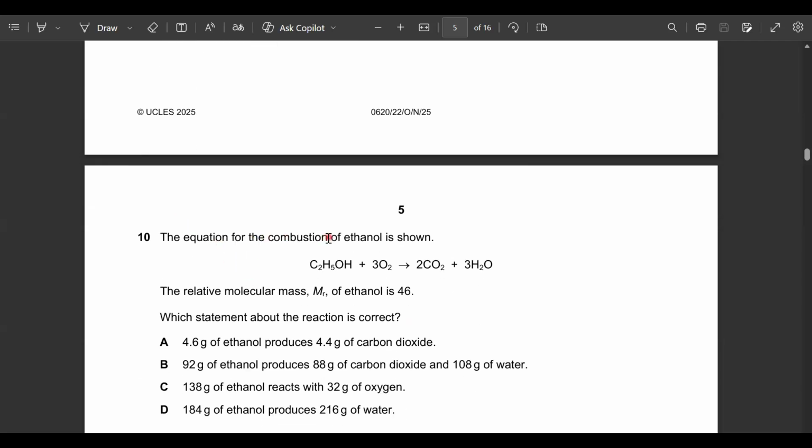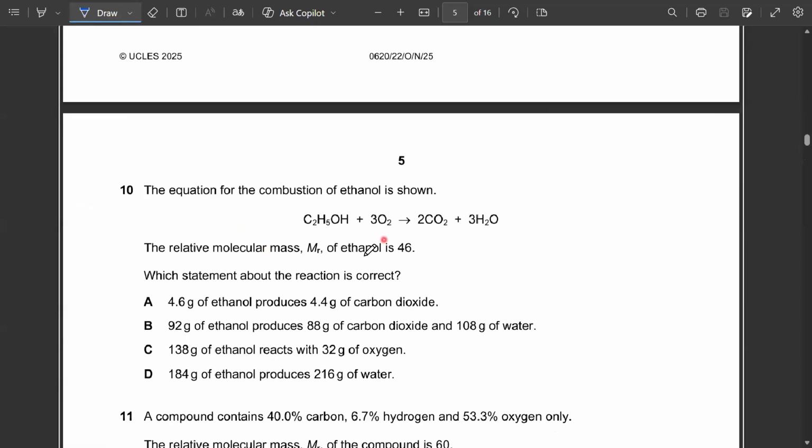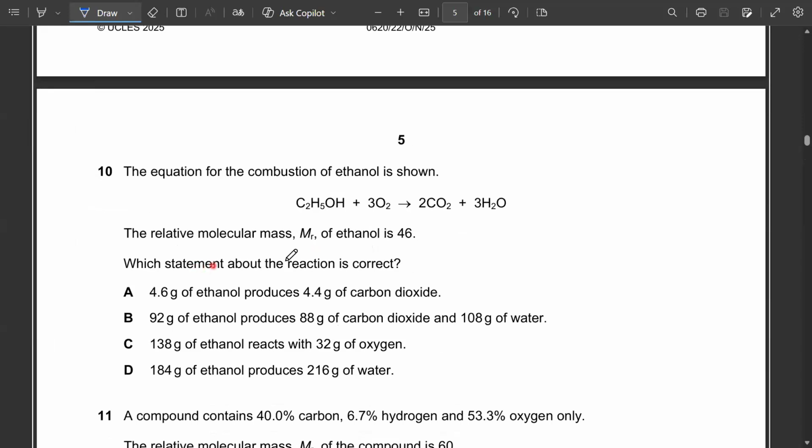The equation for combustion of ethanol is shown. We have this chemical equation. The relative mass MR of ethanol is 46. Which statement about the reaction is correct? So here we need to do some calculations to arrive at the correct answer.